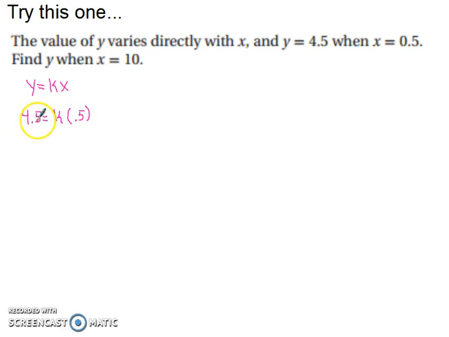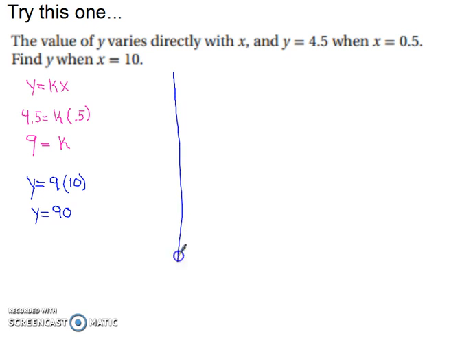So 4.5 divided by 0.5 leaves you with 9, so 9 equals k. So now let's put this into our equation. So we have y equals our constant, which is 9, and the x value that we're trying to vary directly with is 10. So therefore, y must equal 90.